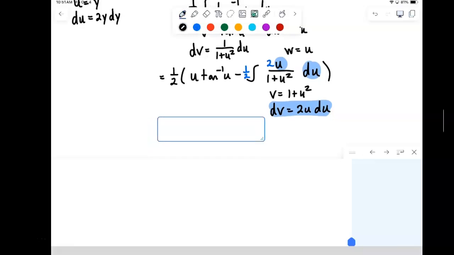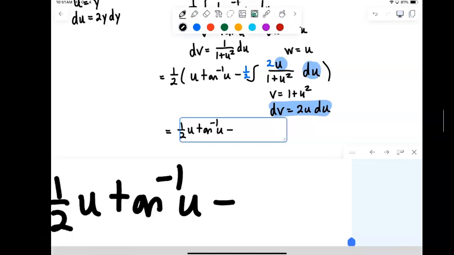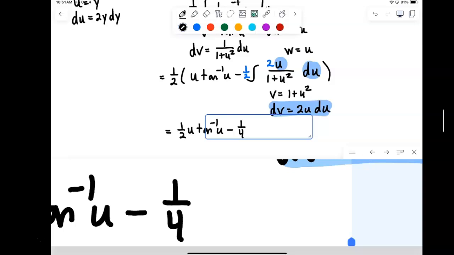So putting this all together now, we have 1/2 u inverse tangent of u minus 1/2 times 1/2 is 1/4.